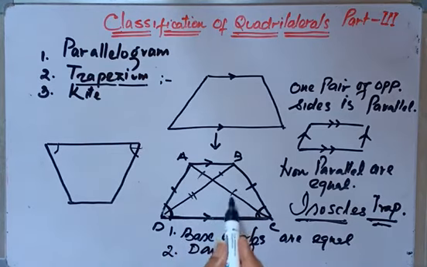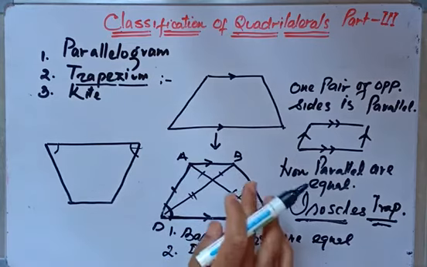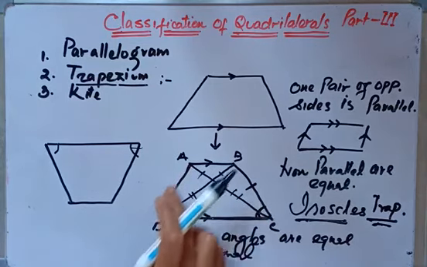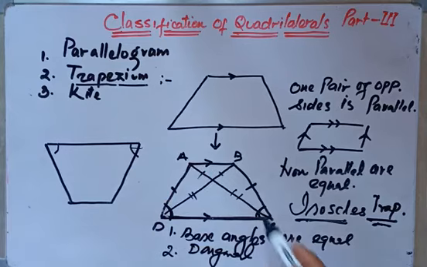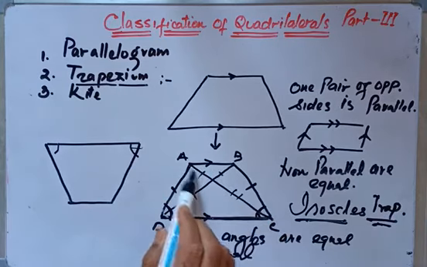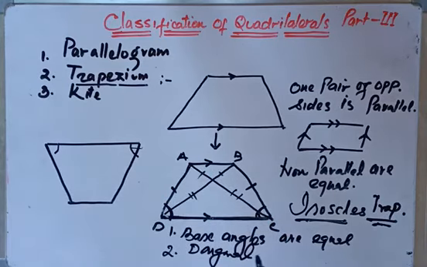They do not bisect each other, but the lengths of the diagonals are equal since these sides are equal. This was about the trapezium. A trapezium is different from a parallelogram in that in a trapezium only one pair of opposite sides is parallel, as against the parallelogram in which both pairs of opposite sides are parallel.